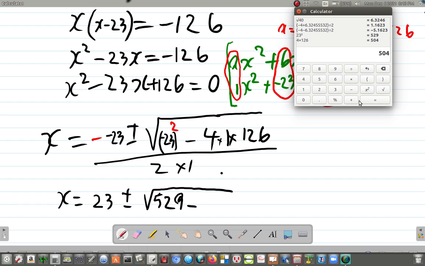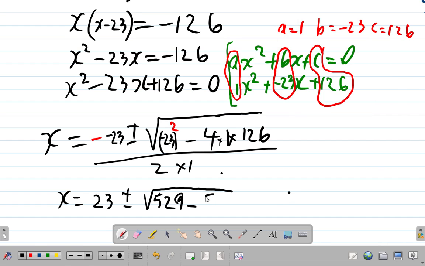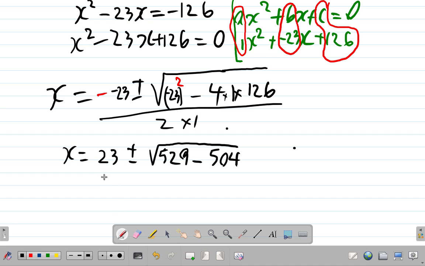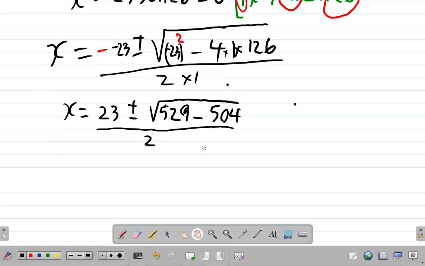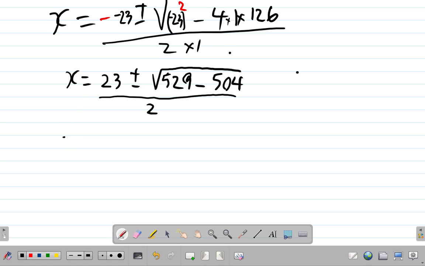Gives us 504. It's going to be 504. Alright? All divided by 2. So here now, we see that x is equal to 23 plus or minus the square root of what? This is 529 minus 504.